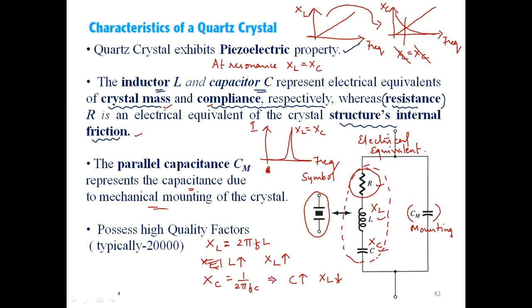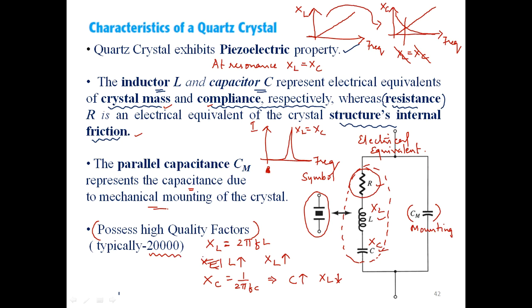Now I think the concept is very clear. It is due to this feature that a quartz crystal can give an extremely high quality factor. Quality factor is directly associated with the amplitude of the resonance. You can clearly see that the crystal can provide a high quality factor of around 20,000, which is really nice.